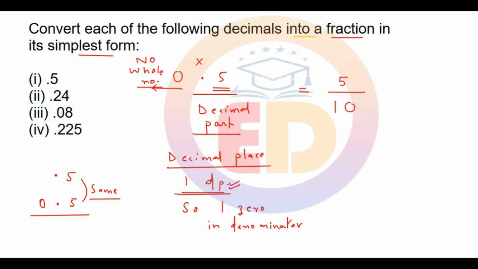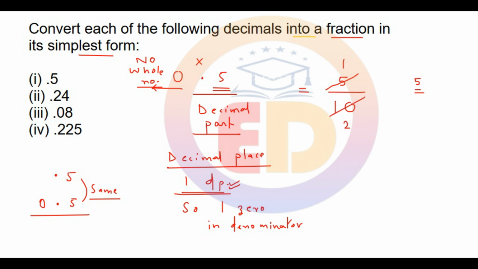The question is also asking to convert it into simplest form. Now to convert 5 upon 10 to its simplest form, I know that both 5 and 10 are divisible by 5, so I will divide them both by 5. 5 divided by 5 will give me 1 in the numerator, and 10 divided by 5 will give me 2 in the denominator.